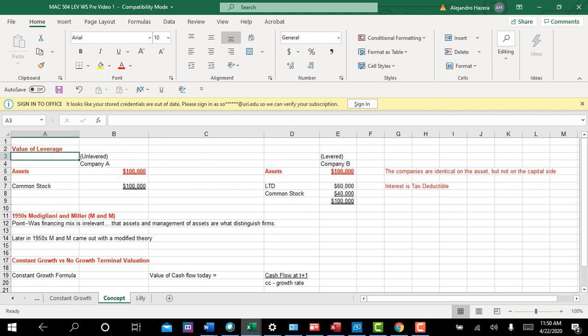So what we're doing here is calculating the cost of equity, the cost of common stock, for a firm with no debt. Now keep in mind that theoretically, from a common sense perspective, if you own equity in an unlevered firm, that equity will be less risky than the equity of a stock which somebody owns in a levered firm.